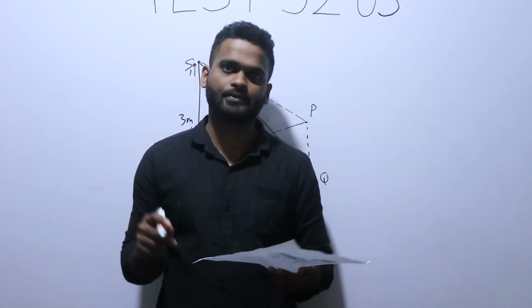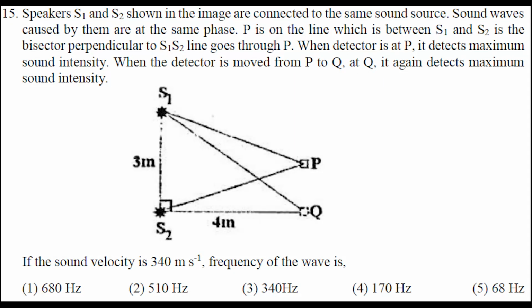Right, 15th question. Speakers S1 and S2 shown in the image are connected to the same sound source. Sound waves caused by them are in the same phase, meaning they are operating simultaneously. P is on the line between S1 and S2, on the perpendicular bisector of S1S2. When the detector is at P, it detects maximum sound intensity.